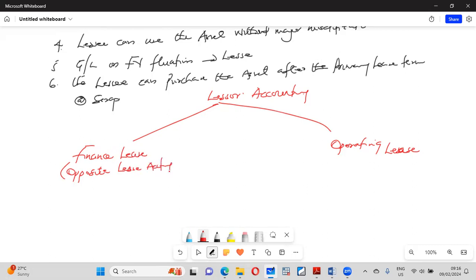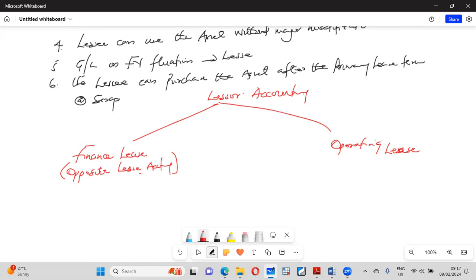What do I mean? You remember in that one, you recognize the liability, and you also recognize the right of use, which is an asset. But here, at the initial measurement, instead of the lease liability, you are going to recognize what? A receivable.